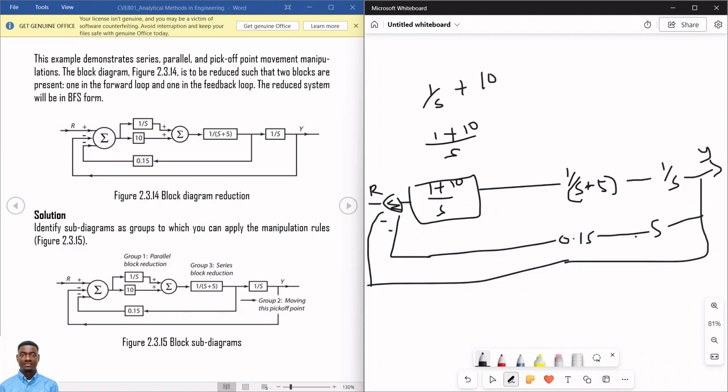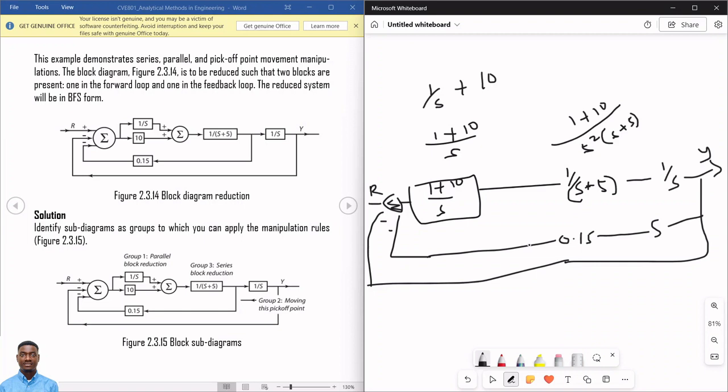So these two now are in series, so that will be 0.15 S, the equivalent of this, and also all of this, 1 over this times this times this. So that will be S squared into S plus 5. So I'll be having 1 plus 10 divided by S squared into S plus 5 as the only block that will be on this line. And this will be 0.15 S on this line.